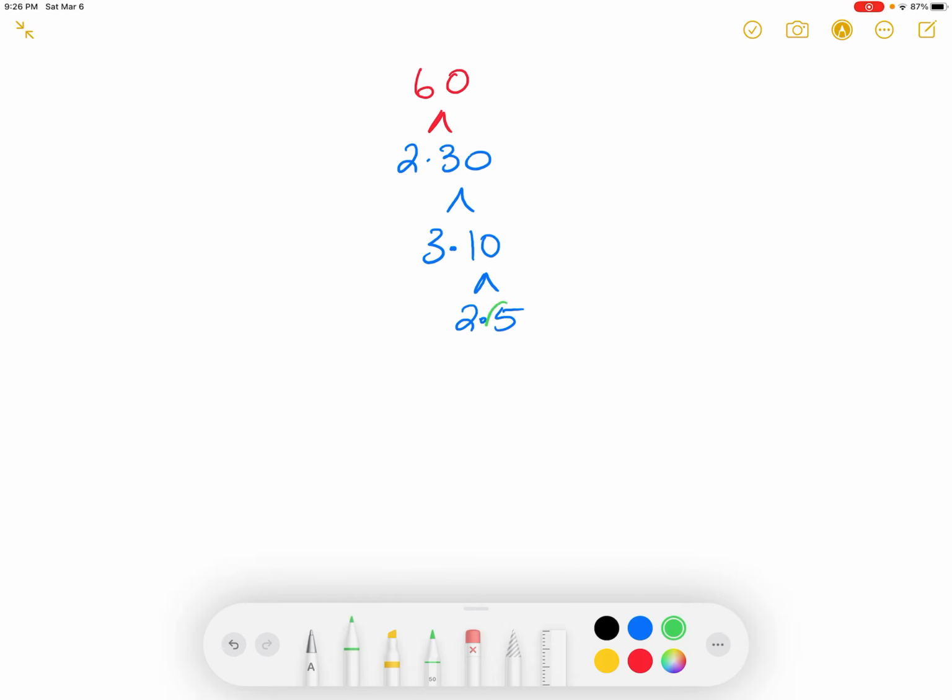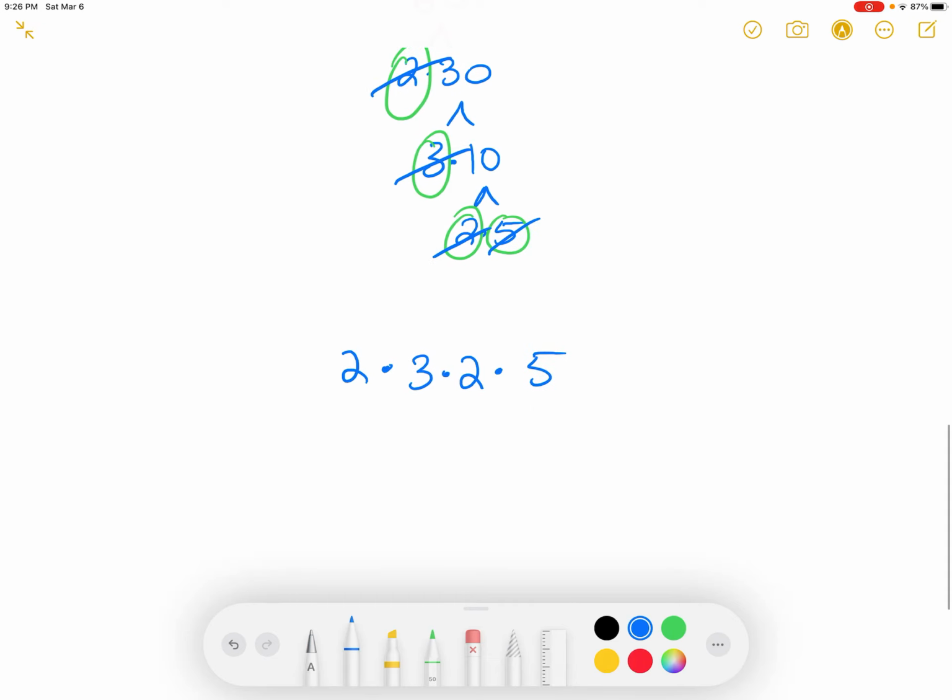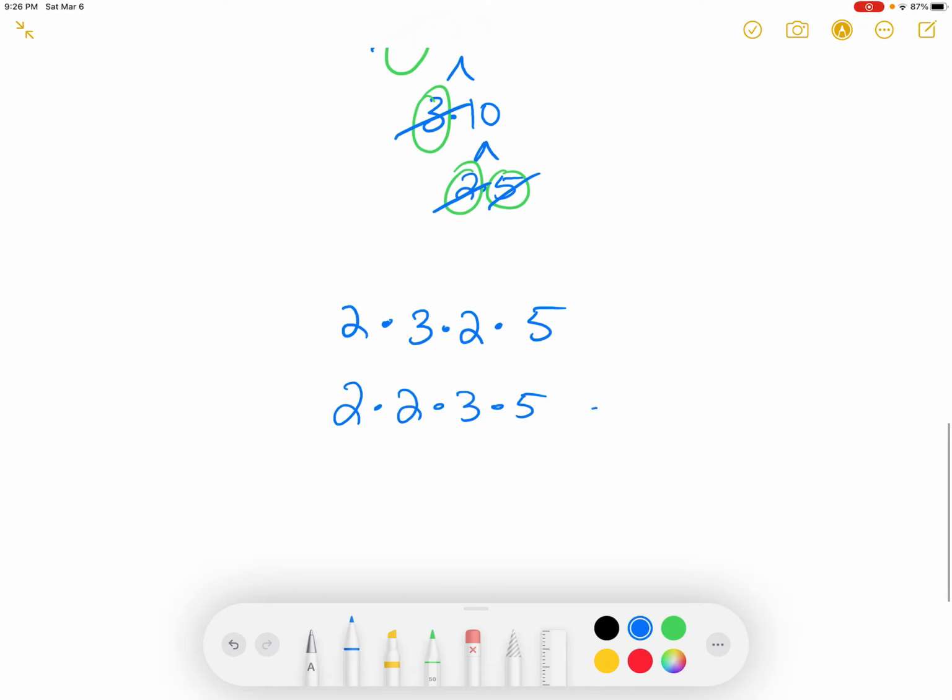And then we can list out all of our factors, which would be 5, 2, 3, and 2, because those are the smallest we can get for each of those. So it would be 2 times 3 times 2 times 5. And if I rearrange this, it would actually be 2 times 2 times 3 times 5.